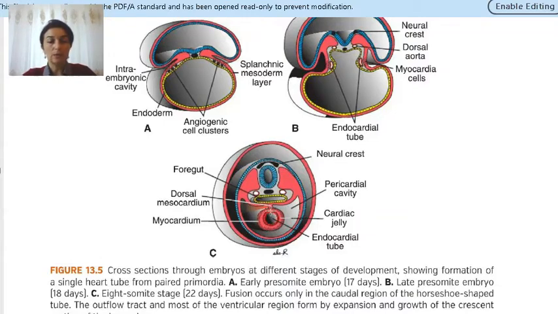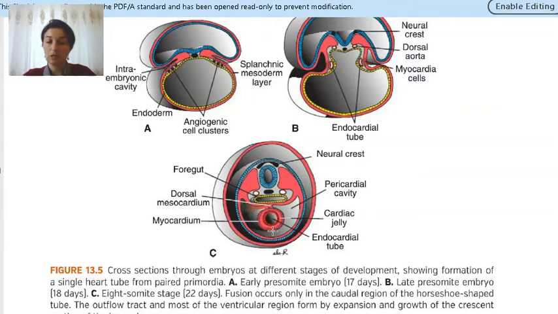Here we also can see that the heart tube becomes incorporated into the pericardial cavity. This one is the pericardial cavity. Initially, the heart tube is suspended in the pericardial cavity via the dorsal mesocardium.